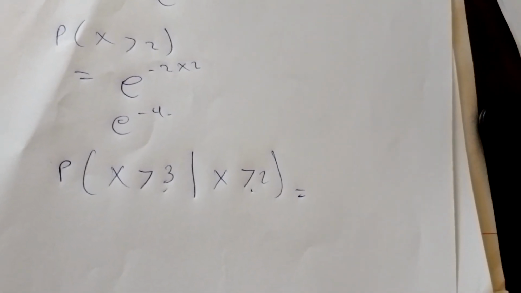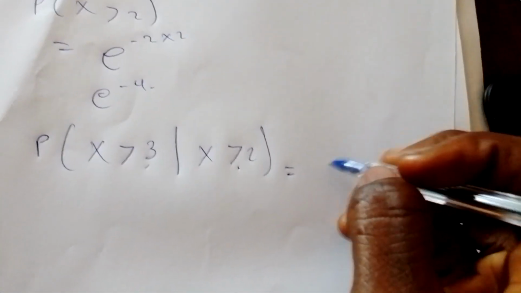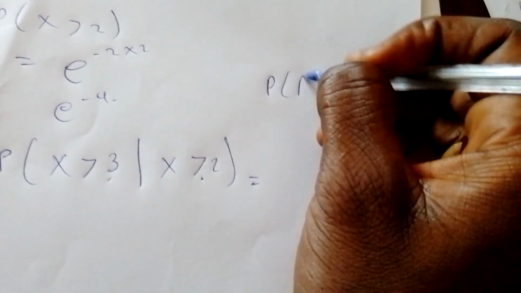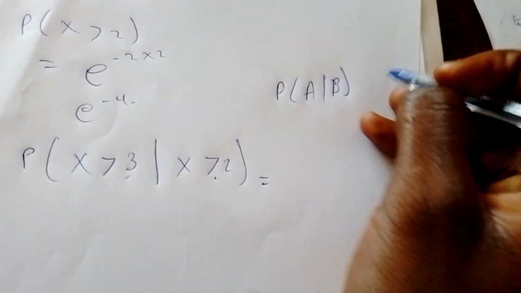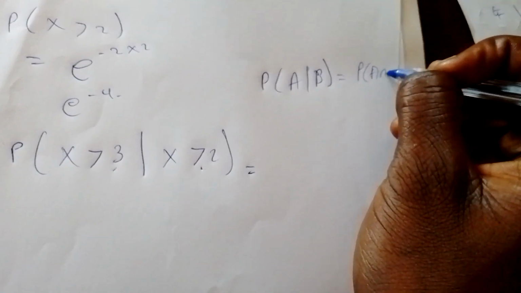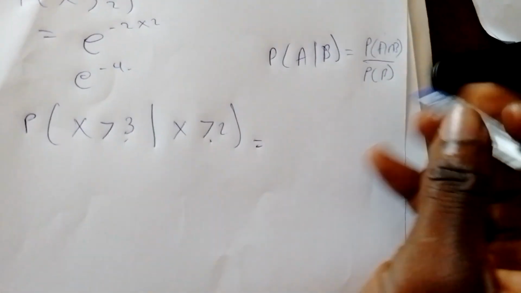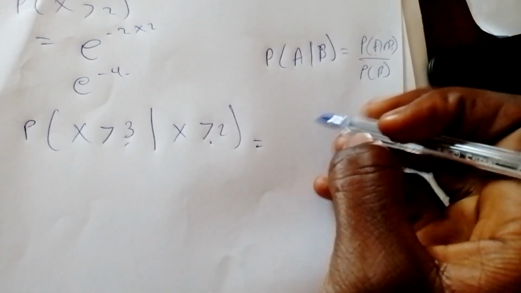Okay, so let's just solve it. The probability will be equal to the probability of A intersection B over the probability of B. Here the probability of A intersection B is the same as the probability of x greater than 3, which is what I was trying to explain in the previous part.